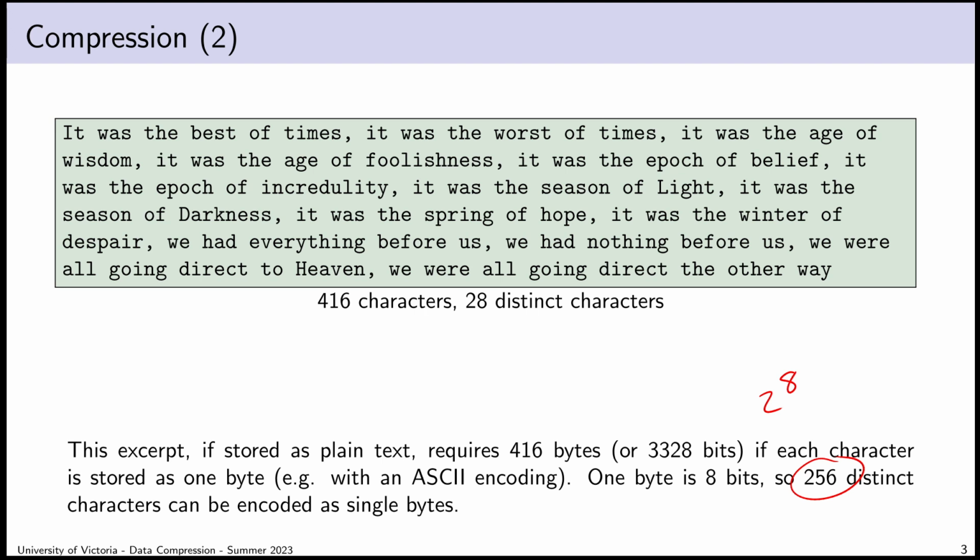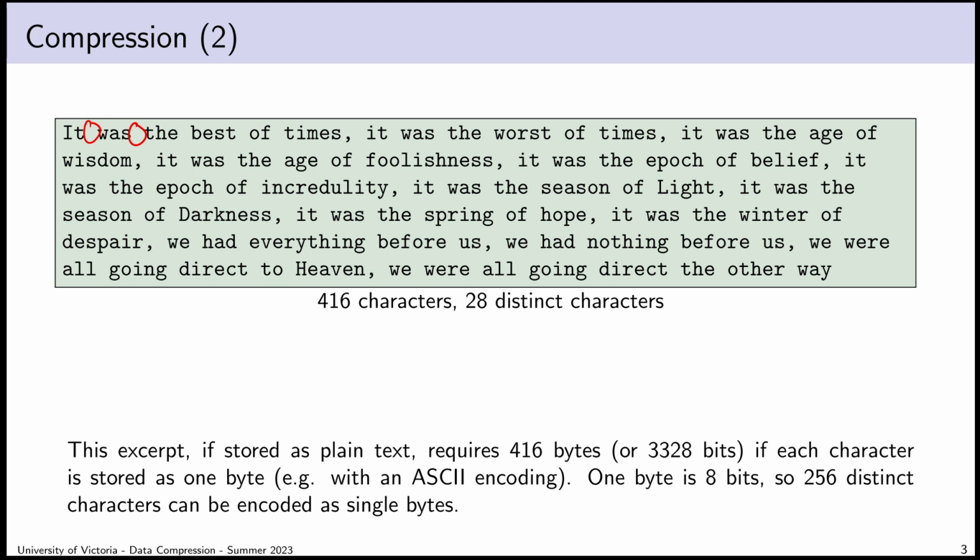And we can observe that in this snippet of text, I'm not actually using all of the possible 8-bit sequences. I can't be, because there are only 28 distinct characters. Those characters are a bunch of different lowercase letters, not every lowercase letter, but a bunch of different ones. There are also various occurrences of the space character.